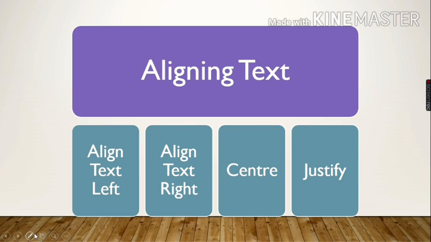Second is align text right. It aligns the text along the right margin and the left side of the text is untidy. Center. It aligns the text in the center of the page. And next is justify. It aligns the text with both the right and left margins. It gives a tidy look to the text.